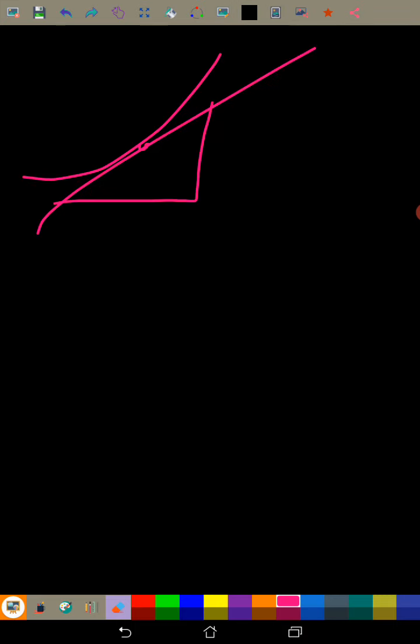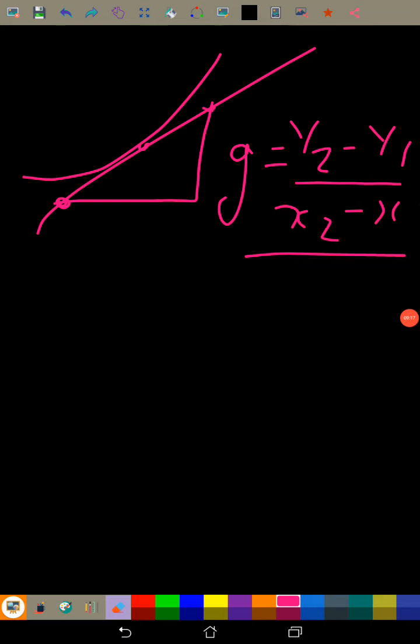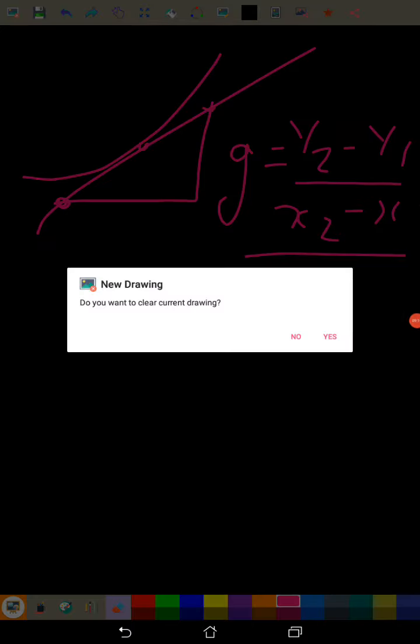So we'll look at one example. We have seen this P here, taking a point here, and then the gradient at P is y2 minus y1 divided by x2 minus x1. That's the gradient. Now we're going to look at an example.